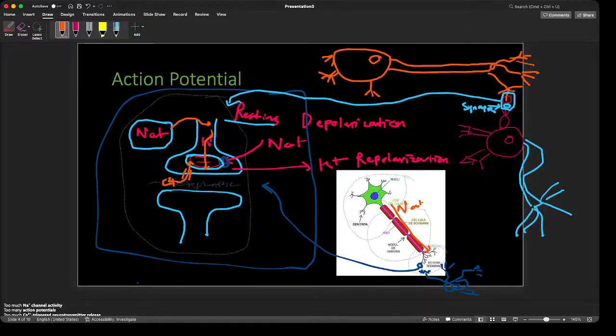Calcium goes inside, and this is what an action potential is essentially: when that sodium reaches the axon terminal and then triggers the opening of the calcium channel, so the calcium can go inside the neuron and release the neurotransmitters that are within the vesicles inside the neuron itself.